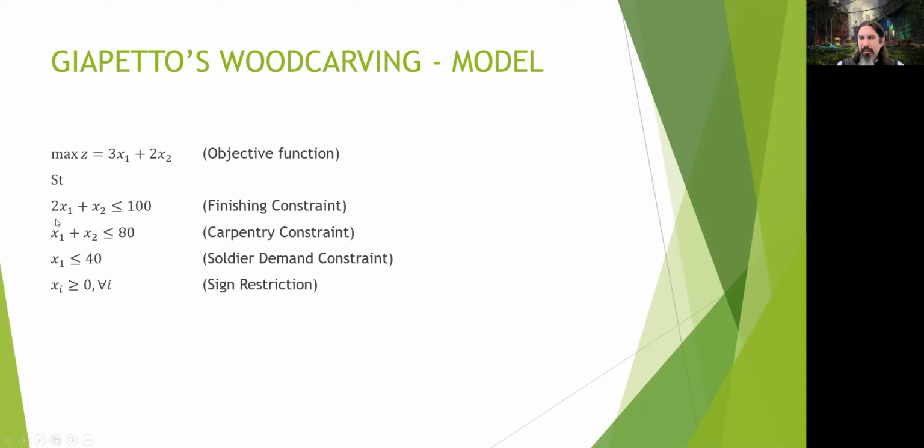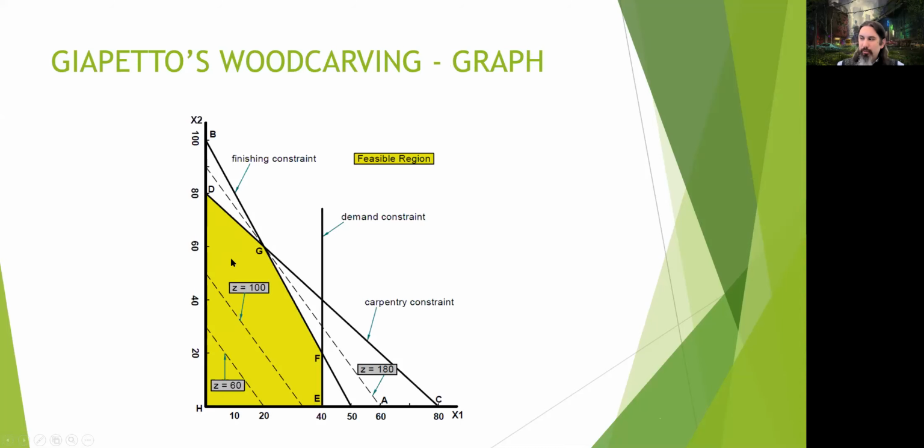For example, just subtract the bottom one from the top one, and you will get x1 equal to 20. If x1 is equal to 20, then x2 is equal to 60. So 20 and 60, which you can see here already, is our optimal solution: x1 is equal to 20, x2 is equal to 60. This is the optimal solution for this graph.